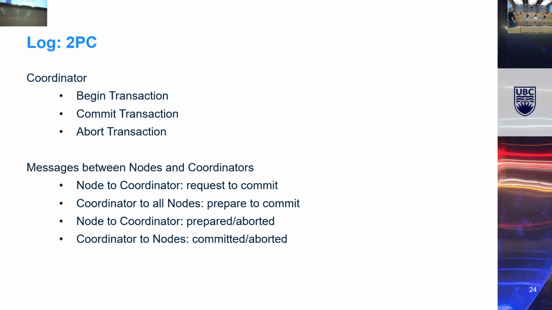Once all of the nodes have acknowledged that they are prepared to commit, or any of them has said, no, I'm not, I'm going to abort, the coordinator has the information now to make a decision on the outcome. In some ways, this is a form of consensus. It is unanimous consensus. Everyone agrees or everyone disagrees.